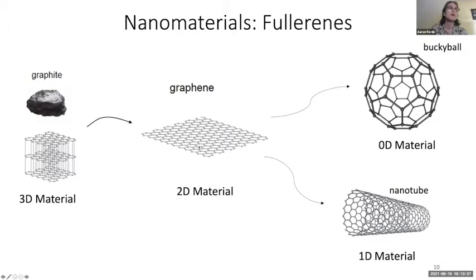I should mention quickly that 2D, 1D, and 0D are defined by aspect ratios. In the case of graphene, it's literally one atom thick, but you can have the other two dimensions at micrometer scales.